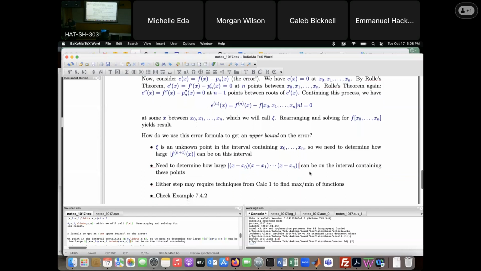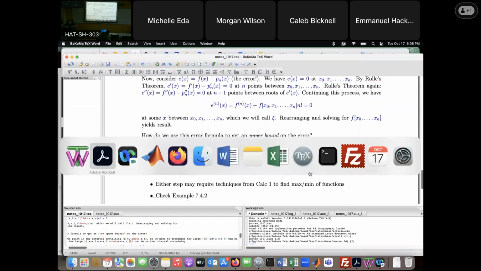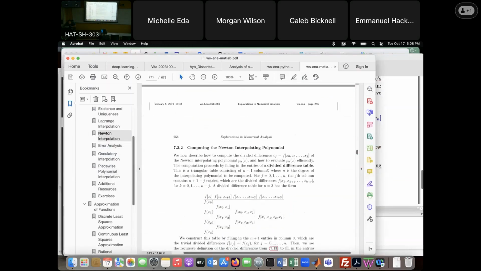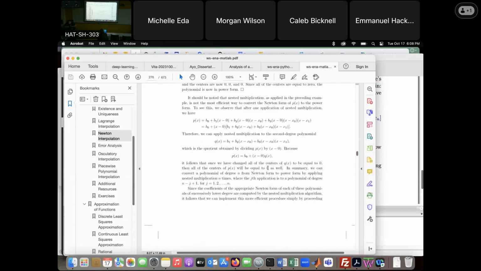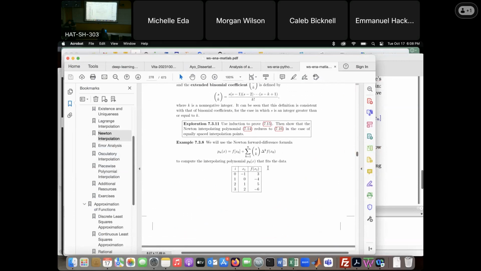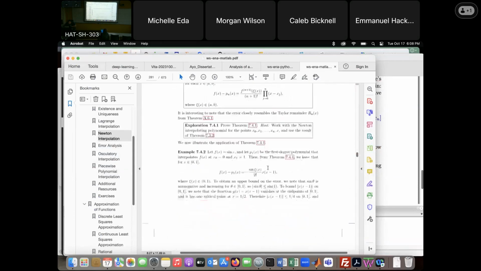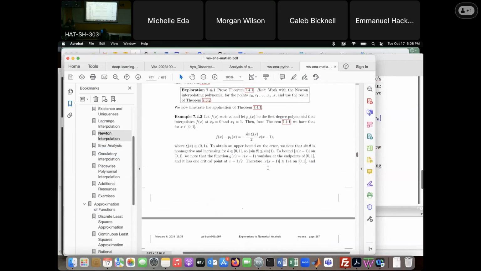And I have an example of this in the text, 7.2. Here the function is sine x, and we're considering the first degree polynomial p1 that interpolates at x equals 0 and x equals 1.